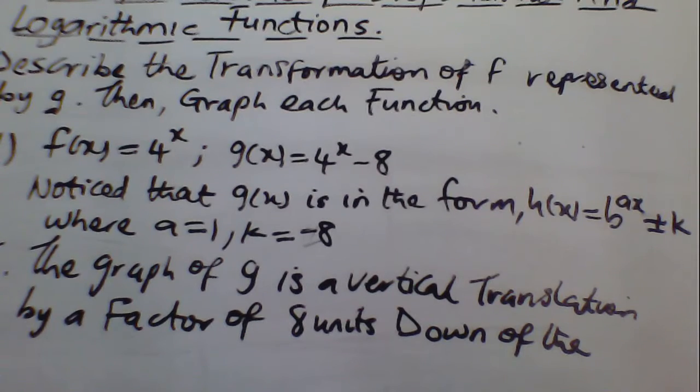So the graph of g is a vertical translation by a factor of 8 units down.